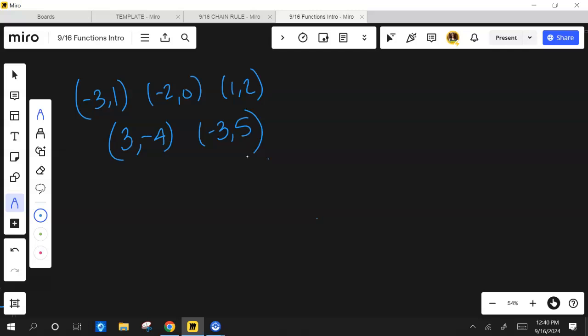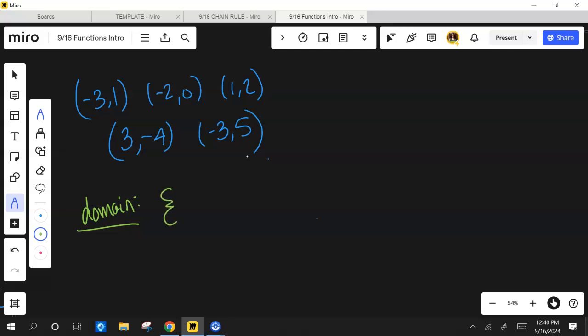If these are my ordered pairs, tell me what is my domain of those ordered pairs right there. What did we say domain means? The x values. So what is my domain? Everybody look here. What are the x values?